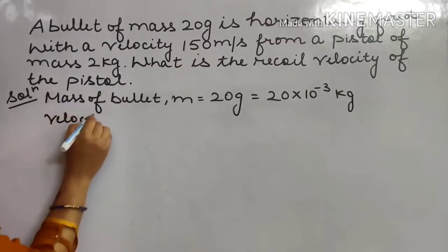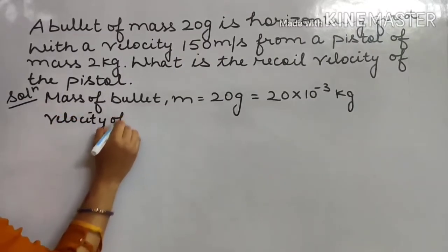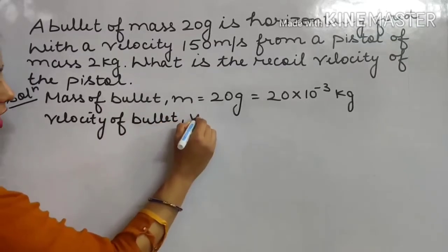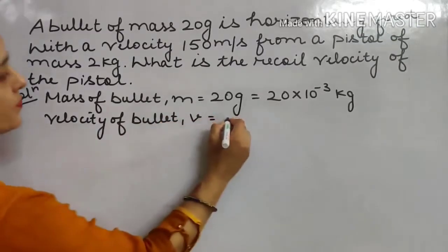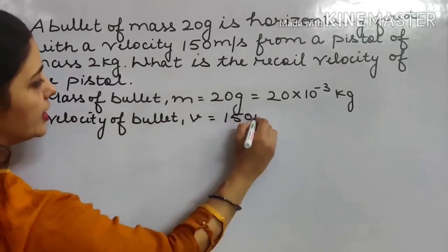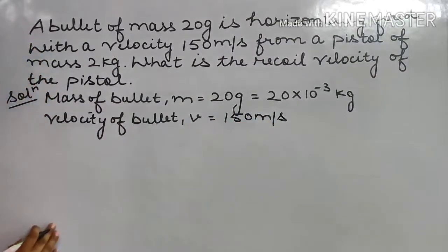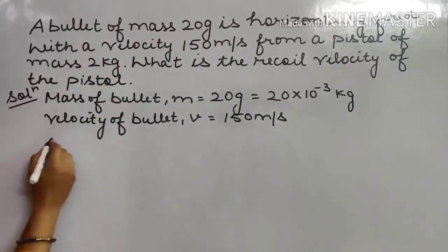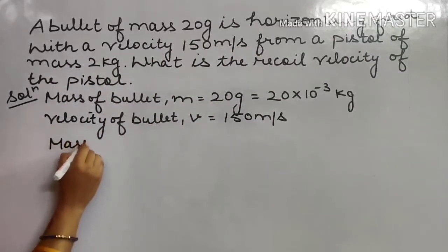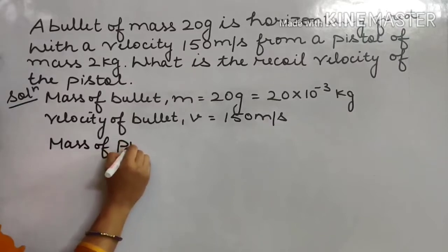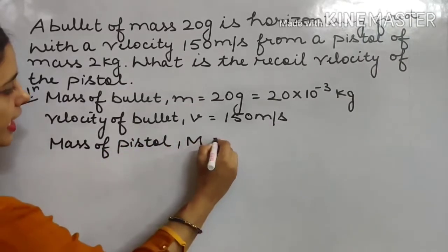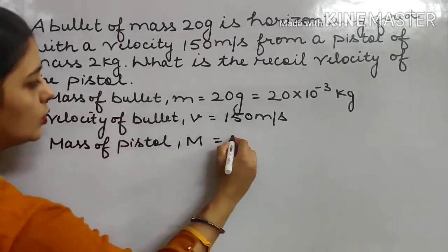Velocity of bullet, let's say small v, that is equal to 150 meters per second. From a pistol of mass 2 kg, mass of pistol is given. Let's say capital M, that is equal to 2 kg.